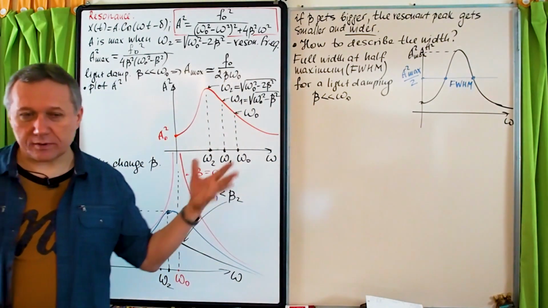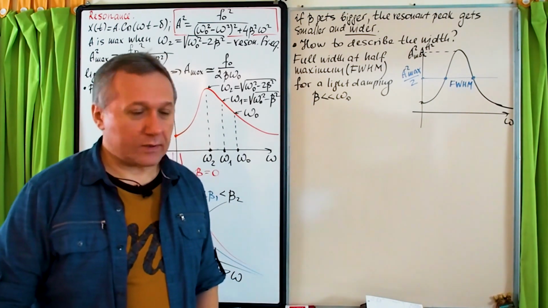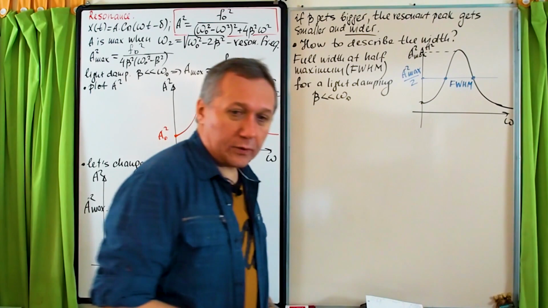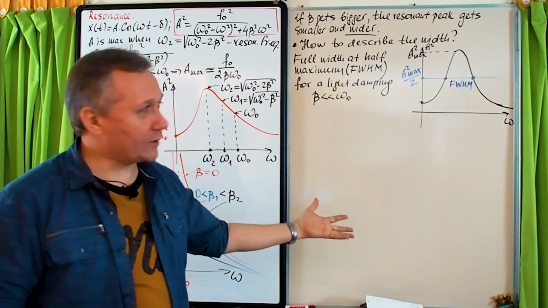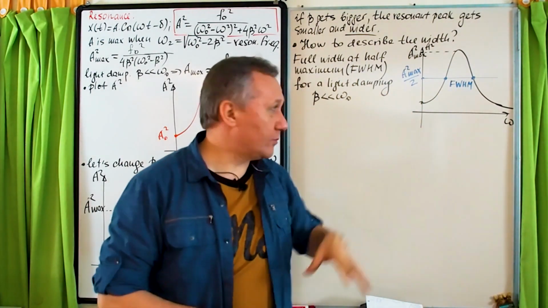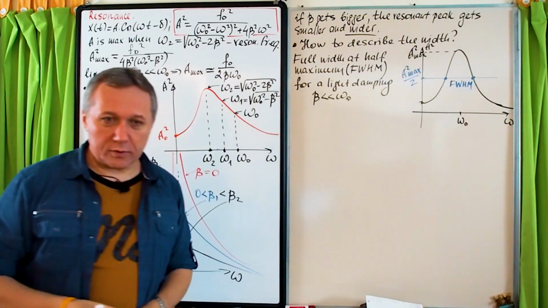Regular weak damping is just smaller than omega naught, but in an extreme case, when this is true, then for light damping the resonant frequency is almost the natural frequency. So in this case, it will be basically omega naught. It can be shown.